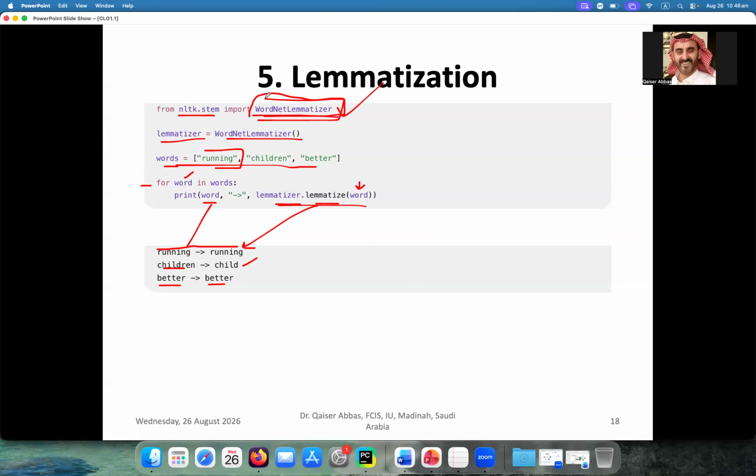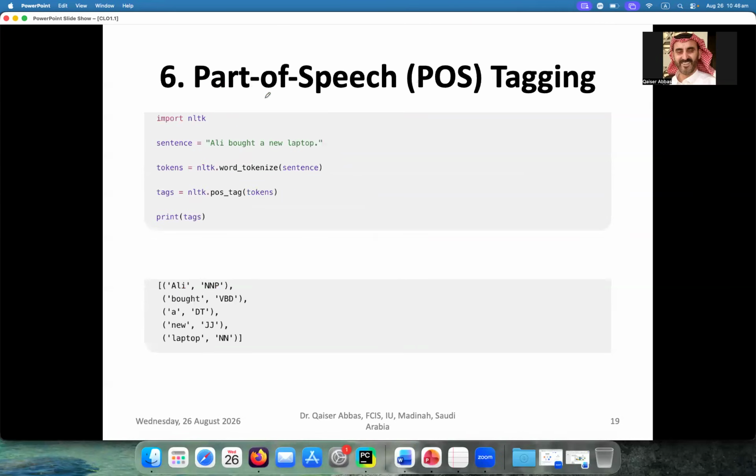But how you can use it, now you can see here. Part of speech tagging, telling which word is noun, which word is adjective, which word is adverb, and so on. So here again, I am importing the NLTK toolkit, and I have this sentence: Ali bought a new laptop.